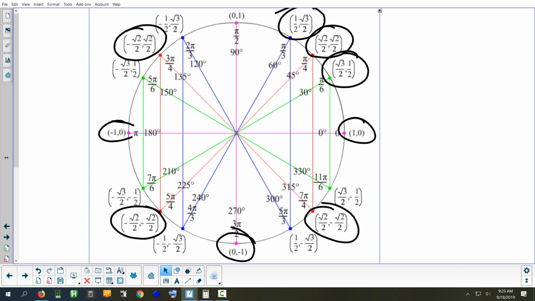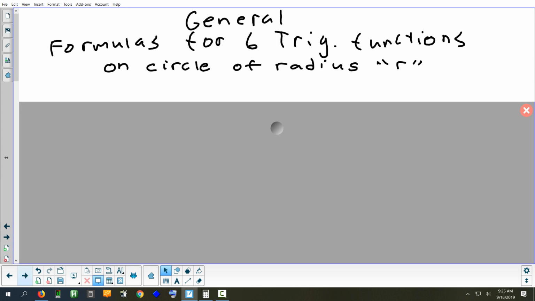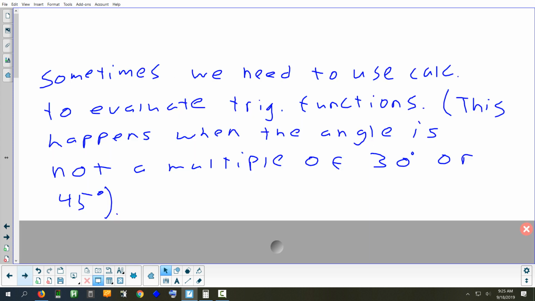All right. Every angle that we've done, or that you can see in that picture, is a multiple of either what number or what other number? 30 or 45. So if we run into a problem that is not a multiple of 30 or 45, we can't do it with what I've shown you.